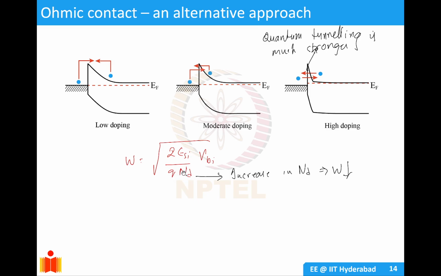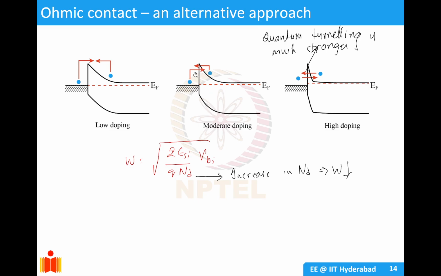So if N_D is lower, your W increases. Here you have a large depletion region, and the only way to cross it is to go above the barrier.